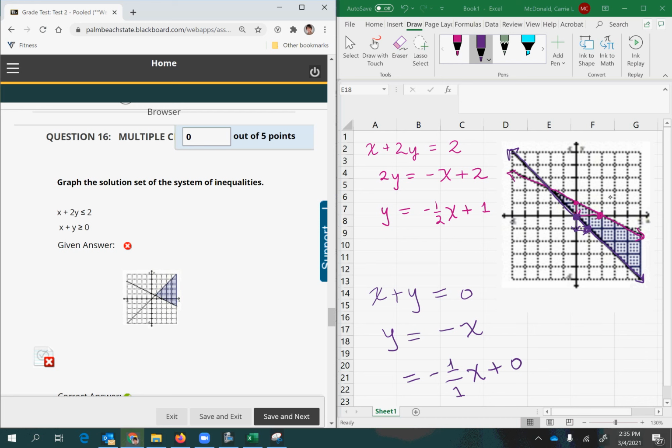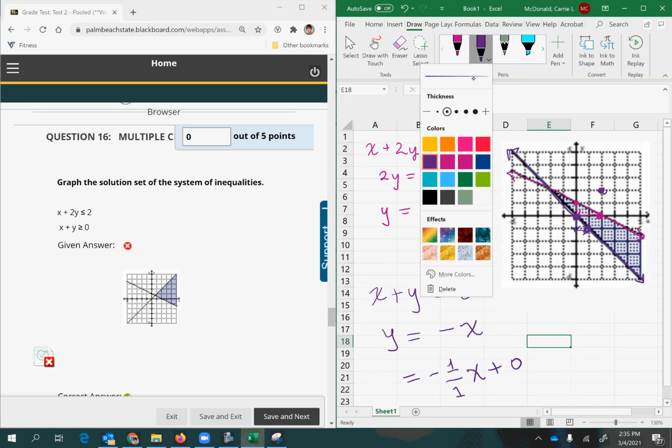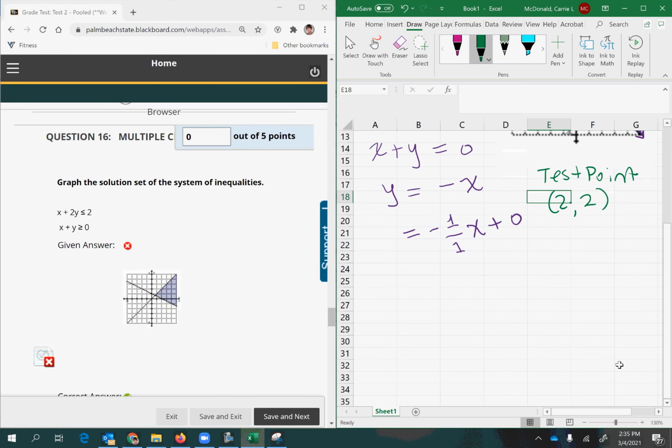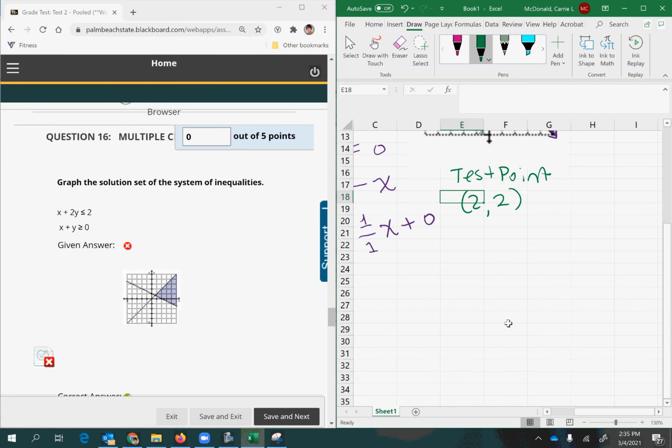Let's say I used this point over here, which is at 2 for x and 2 for y. So let's do the test point 2, 2. All right, so now I'm going to take the two inequalities and test each one with this point.